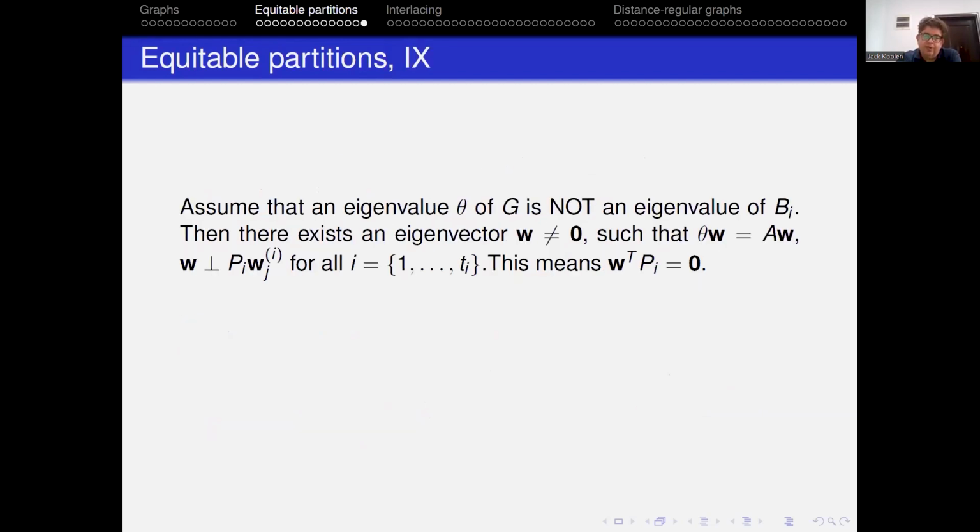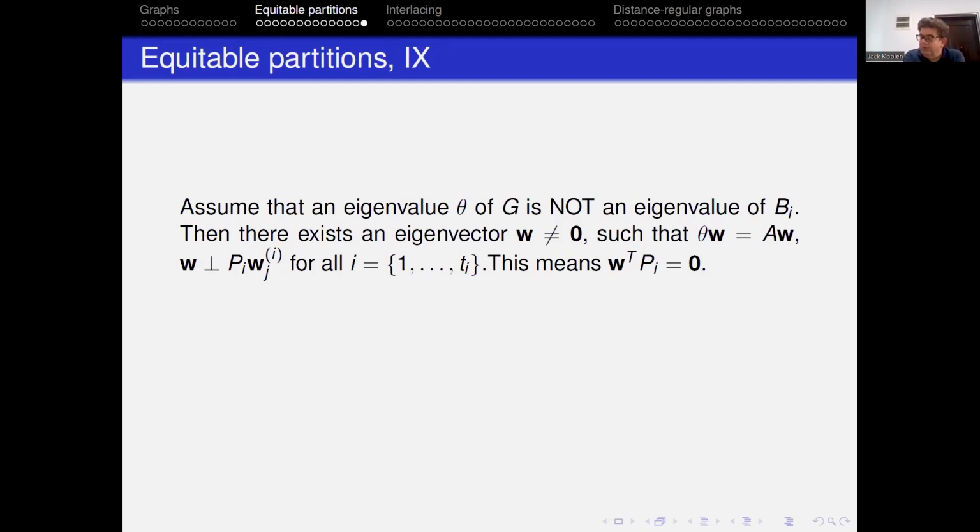Okay. So now we assume that we have an eigenvalue theta of T that is not an eigenvalue of any of those B_i. Then there exists an eigenvector w which is not zero, such that theta w is A w. Yes, that means it must be orthogonal to all the eigenvectors I already have for the partitions until now.